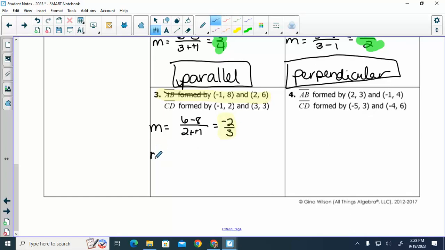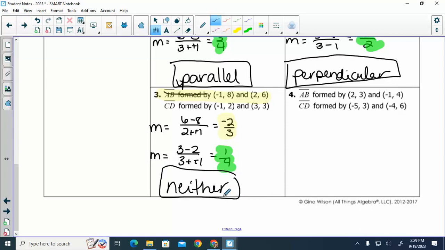If they're going to be perpendicular, what would we have to get for the next slope? Positive 3 over 2. Okay, so then we do y2 minus y1 over x2 minus x1. We get 1, 4. So these are not the same, but they are not opposite reciprocals, so we just say neither. These are just two lines that will cross at some point, but they don't make a right angle.